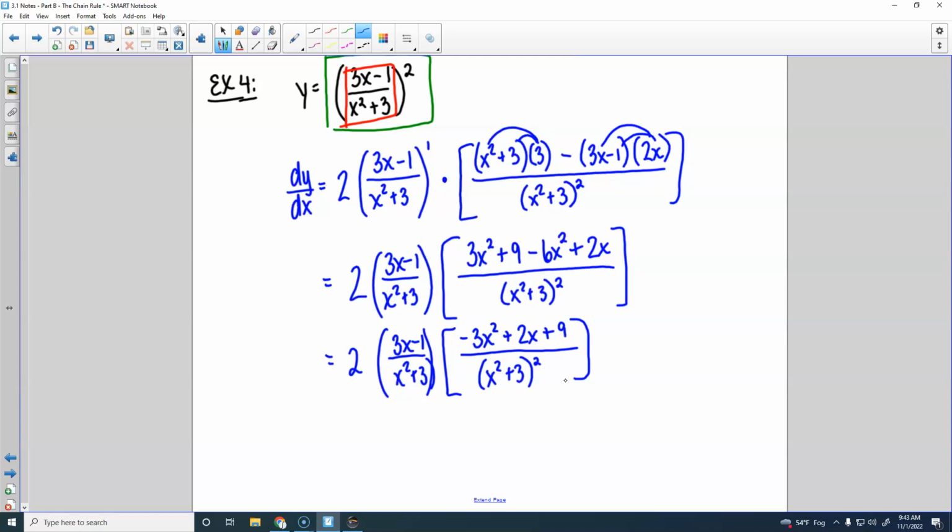And then they will probably write this all together. So it would look like this: 2 times 3x minus 1 times negative 3x squared plus 2x plus 9 over, and this would be x squared plus 3 cubed. And I don't think negative 3x squared plus 2x plus 9 is going to factor into anything that would cancel. I know it won't cancel with an x squared plus 3 in the bottom, so there's no advantage to factoring that.